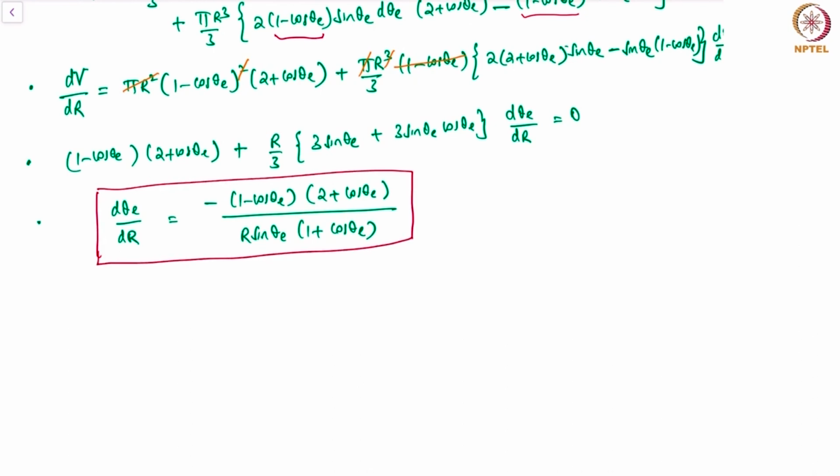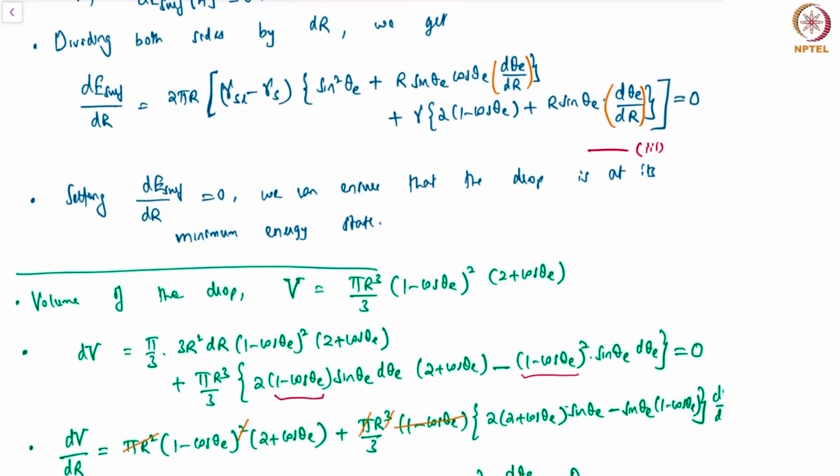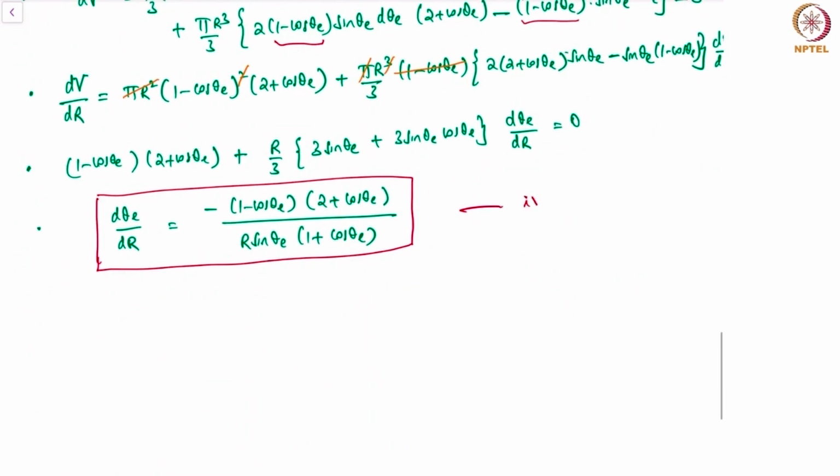So by imposing the variation in the volume to 0, we have got this d theta e by dr, which is the unknown thing in equation number 3. So let's label this. We have relationship number 4, right?